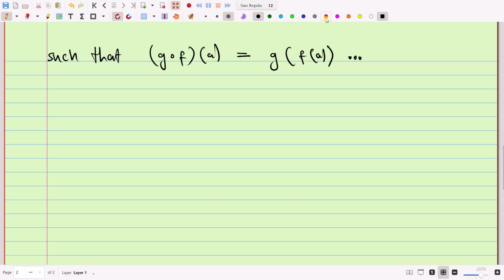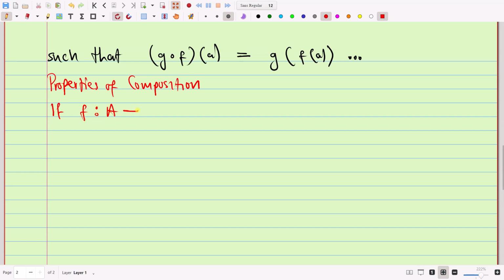But now there is one thing that you should know about composition. So the composition has the following property. You see.